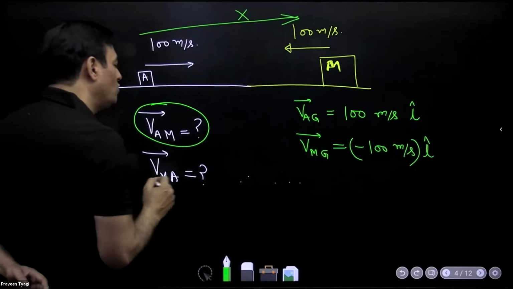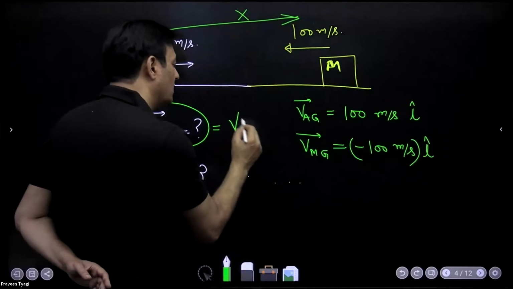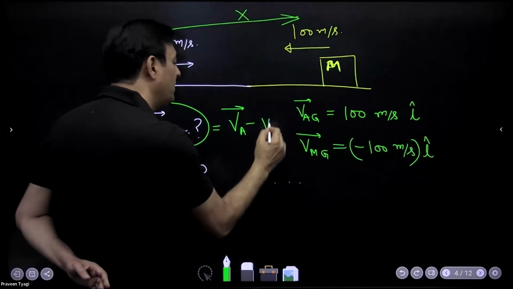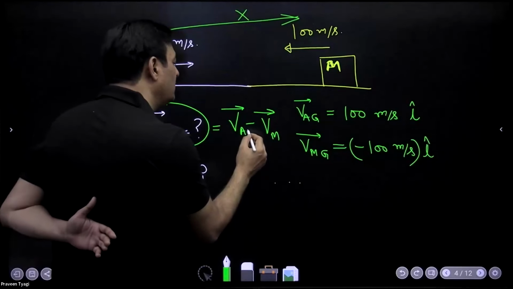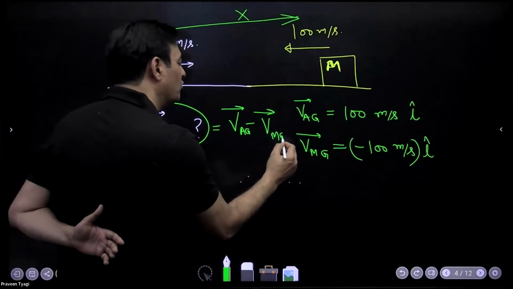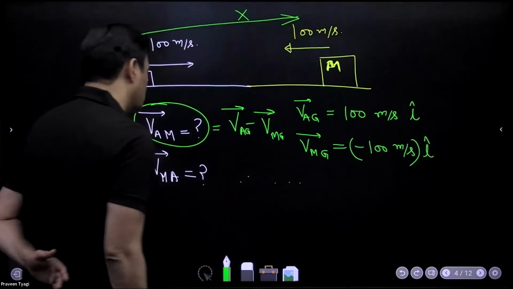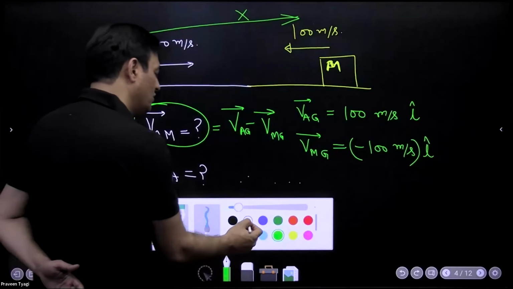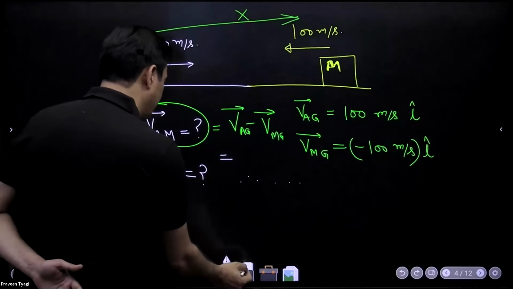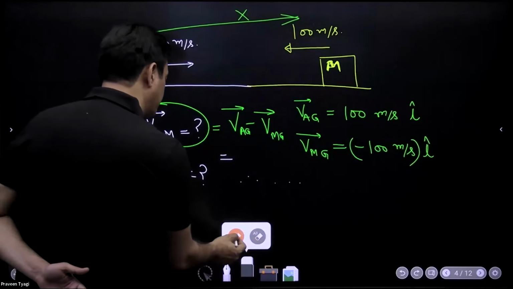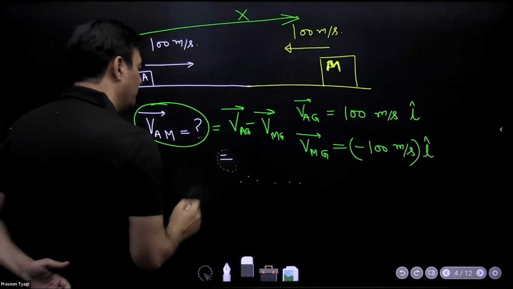It has already been told to you. This will be equal to VA minus VM. Simple. And when nothing is written, that means relative to ground. Yes. And these two we already know. So let me write down the value. This will be equal to the first one I'm doing. I am removing this. The first one.